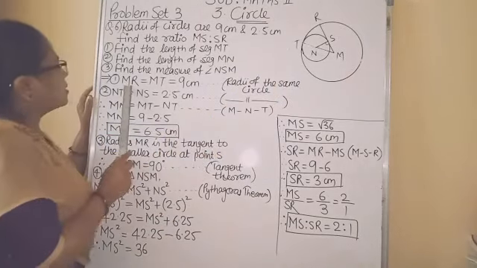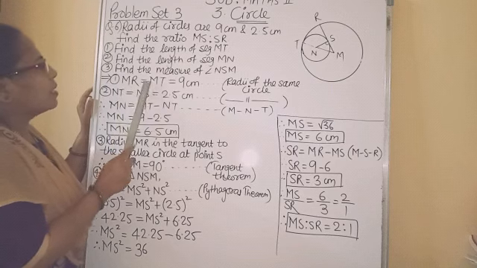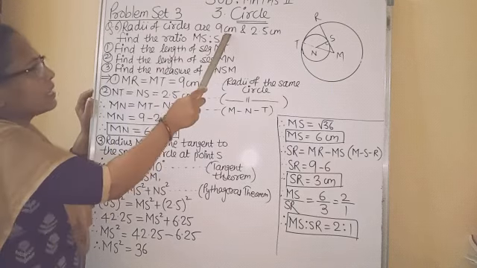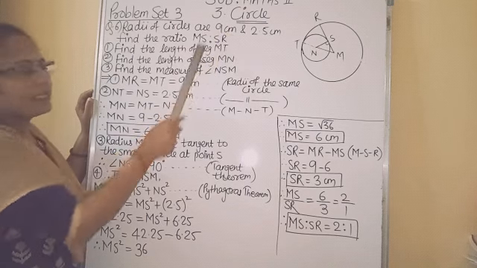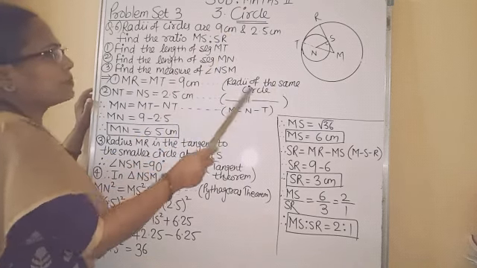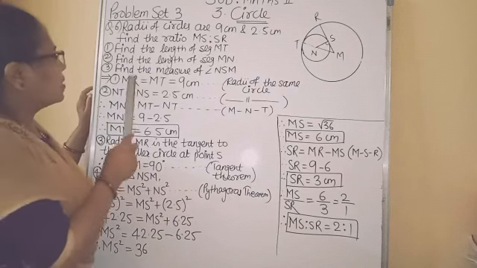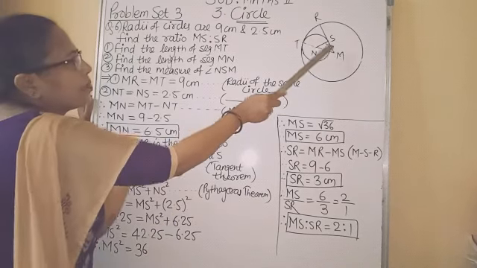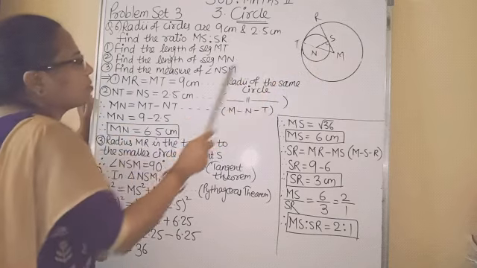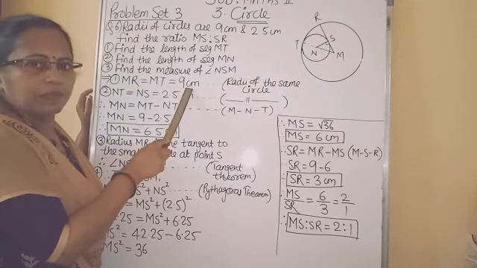MR. So first step is MR equal to MT equal to 9 cm, because the radius of the bigger circle is 9 cm. Give the reason, radii of the same circle. Both are radii, so it is equal to 9 cm.